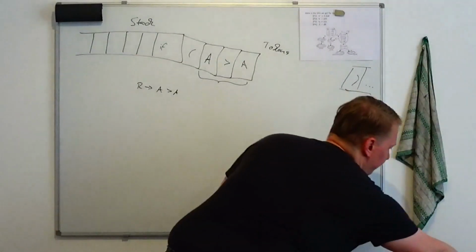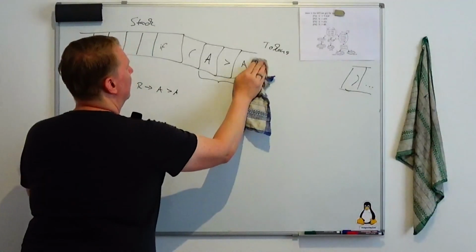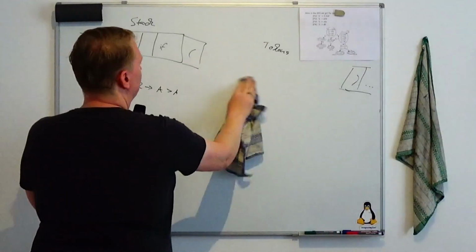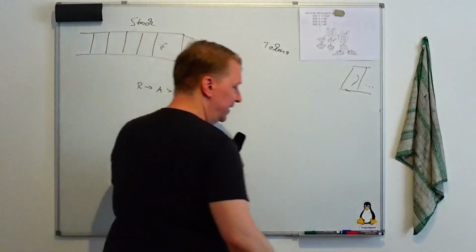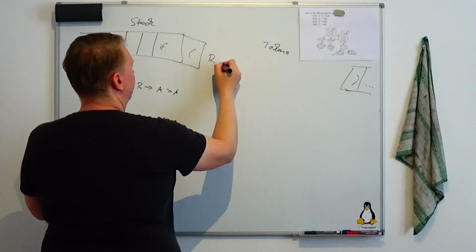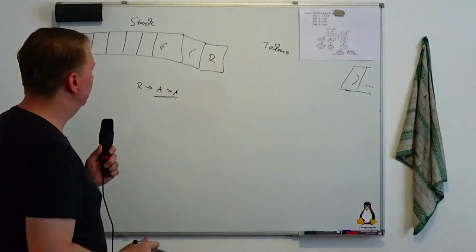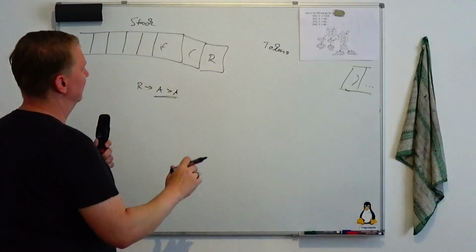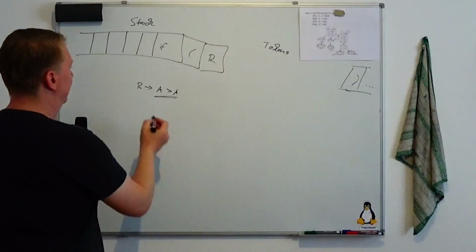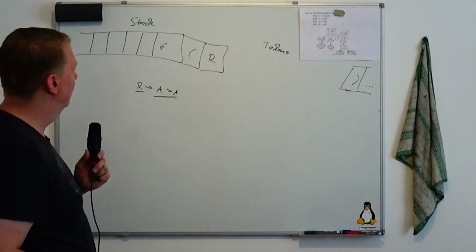And then the LR parser can decide, okay, I take this stuff off the stack and replace it with an R. So if the right-hand side of a production is on the top of the stack, then it can decide to take that stuff off the stack and replace it with the left-hand side of the production.